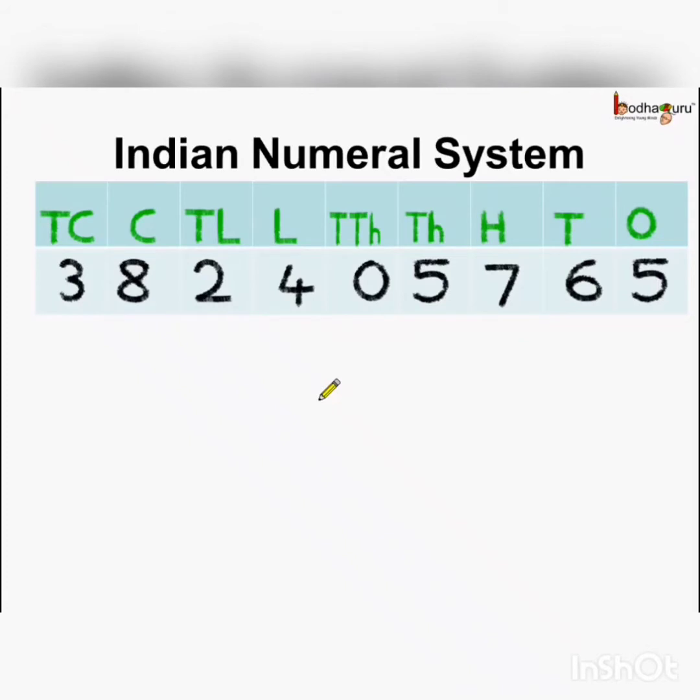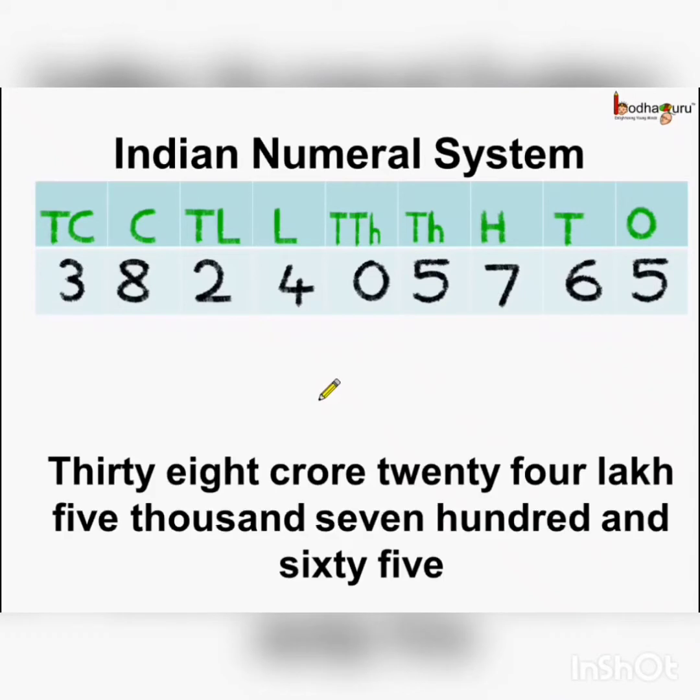So what is this number? This number is equal to 38 crores, 24 lakhs, 5,765. See, it becomes so easy to read such a large number. In case we are confused, then after placing it under the numeral system, we can start reading the crores. Like how many crores are there?